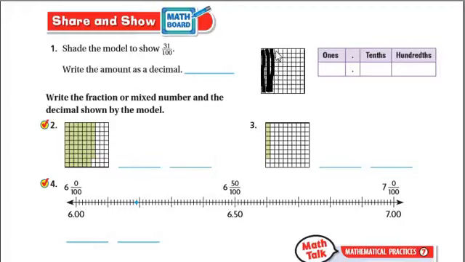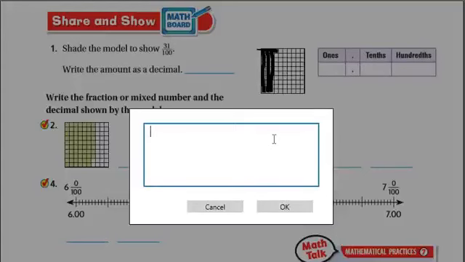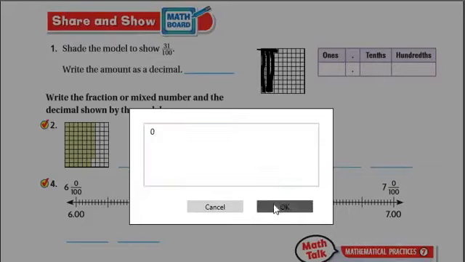Okay, 31. So I shade just 1 square. This is 31 out of 100. Do we have a whole number here? No, it's a proper fraction. So we have 0 here.